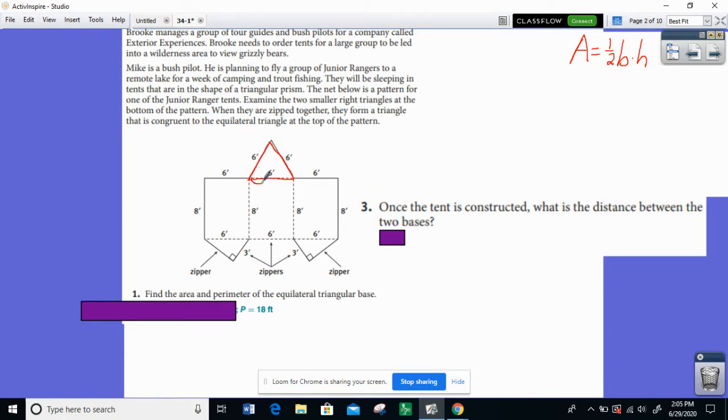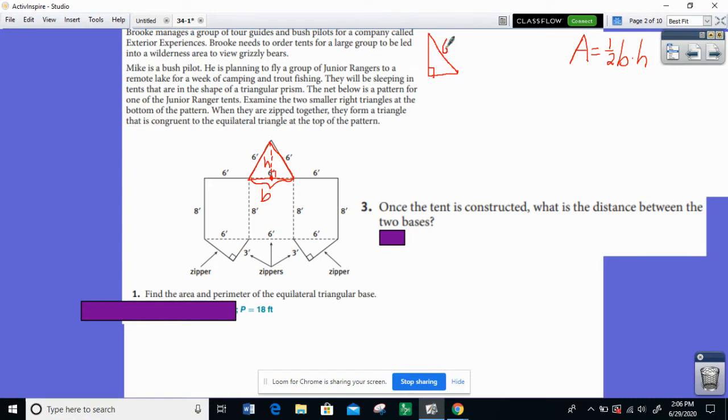The base of this triangle is this 6-foot length along the bottom. But what you might notice is that we don't have a height, so we're going to make the height be this perpendicular distance from the top of the triangle to the bottom. And when we draw that height in, that's going to give us a right triangle about like this.